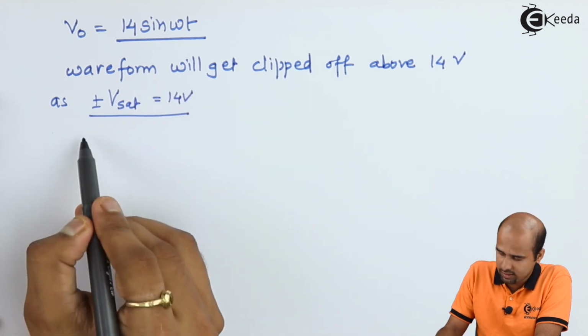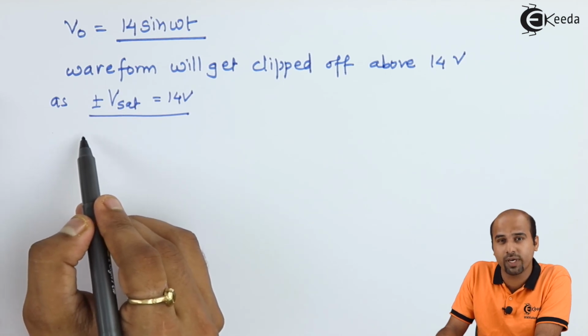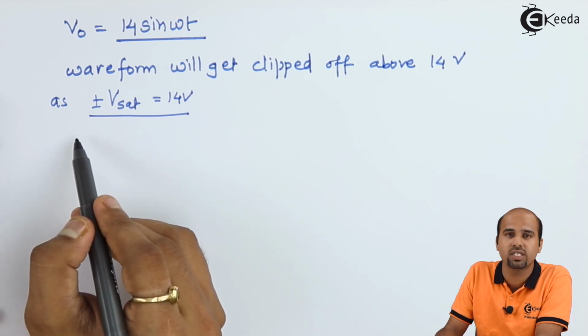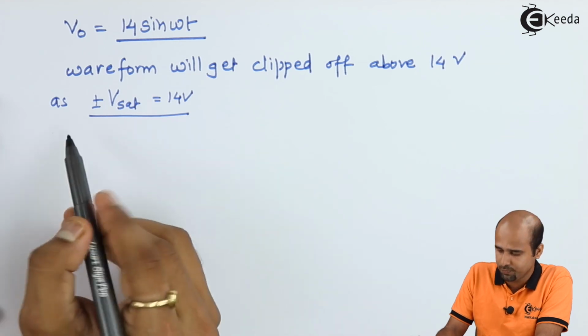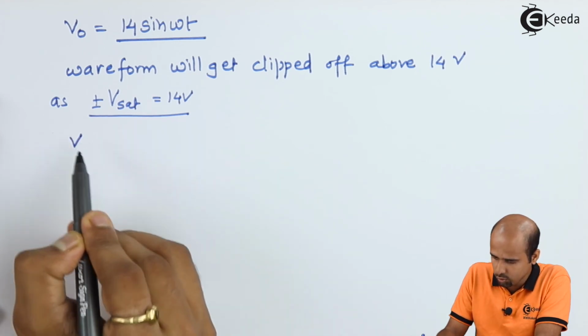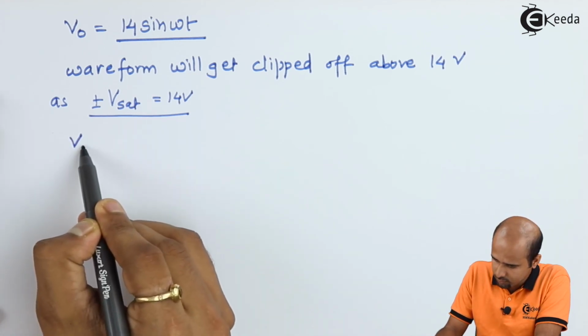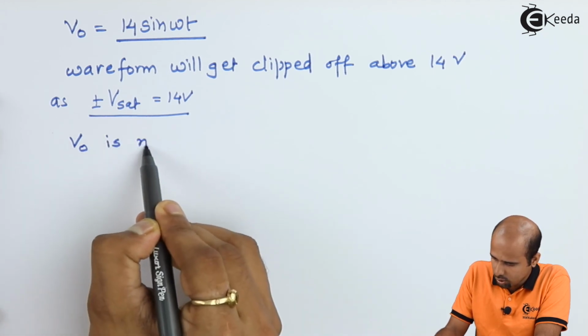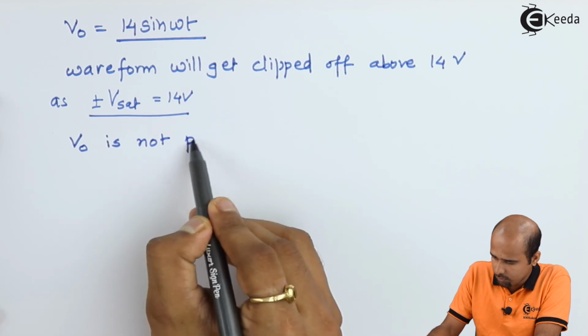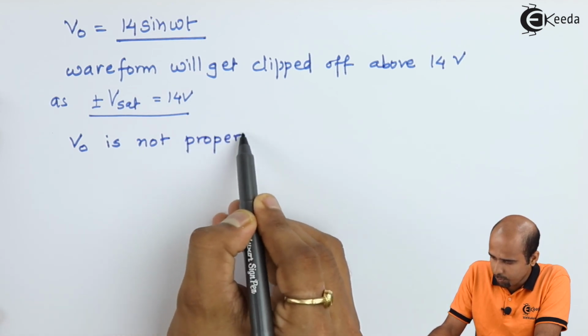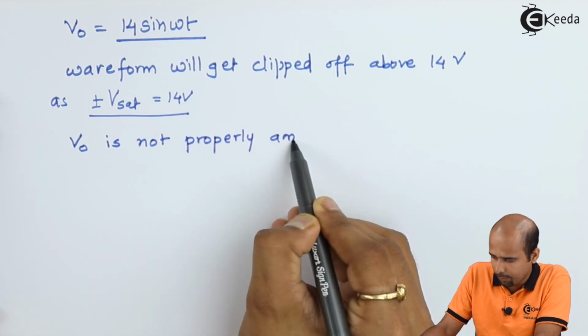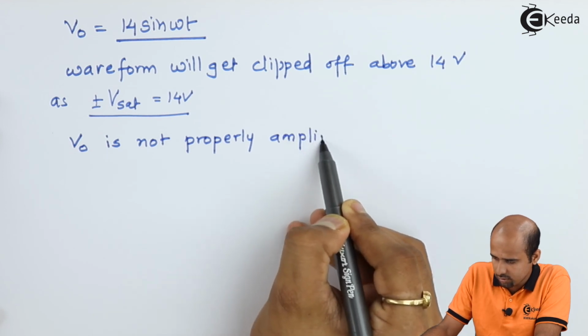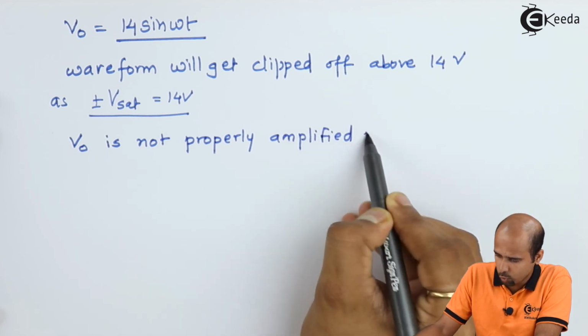So to get 90.94 sin omega t at the output voltage is next to impossible. So VO is not a properly amplified voltage.